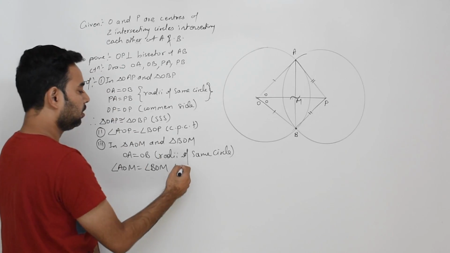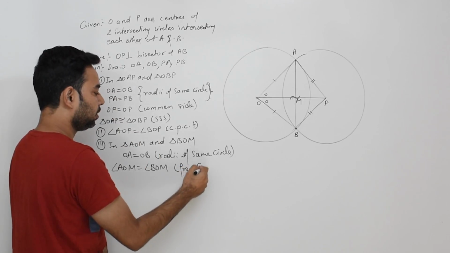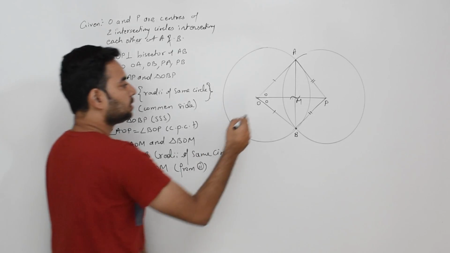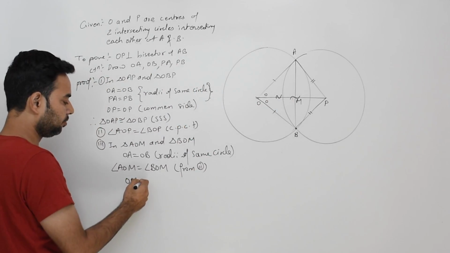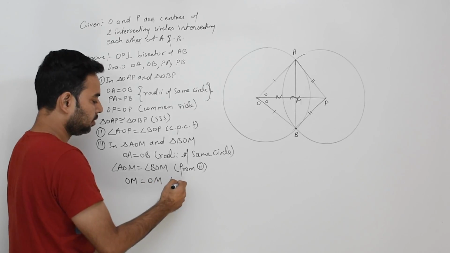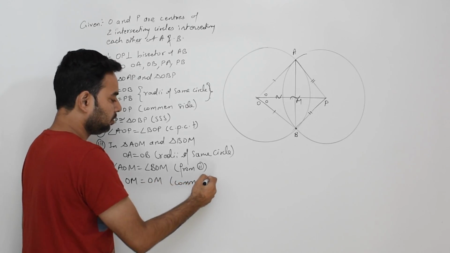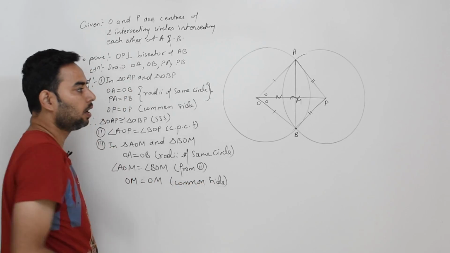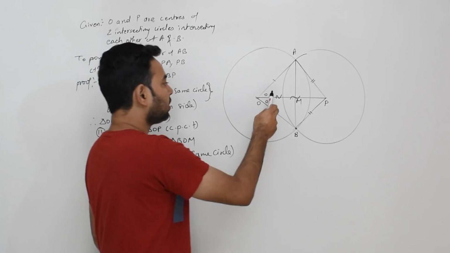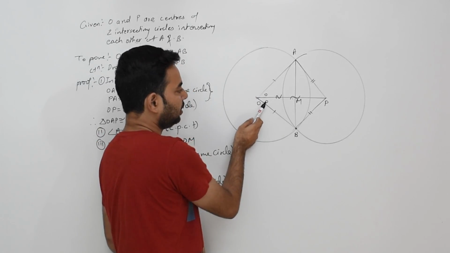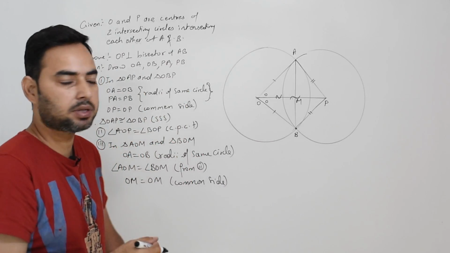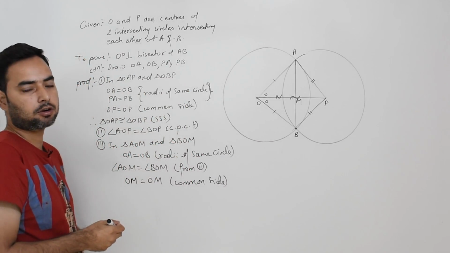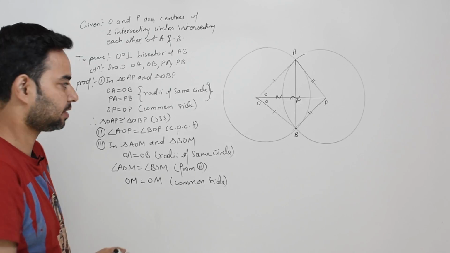So from 2, and this is the common side, OM equals OM. So one side, then one angle, then a side is equal. If this happens, then the triangles are congruent by SAS test.